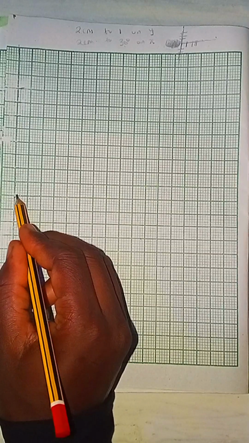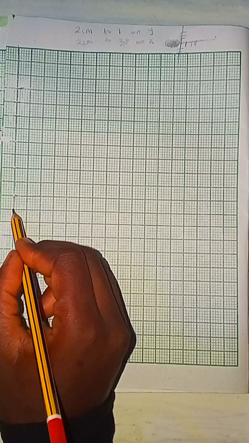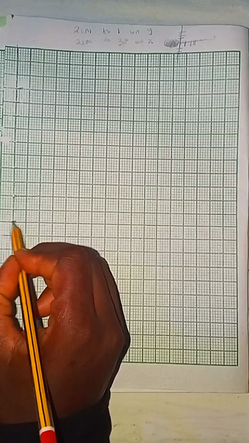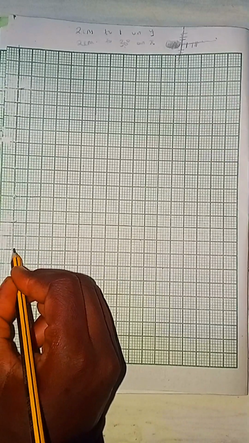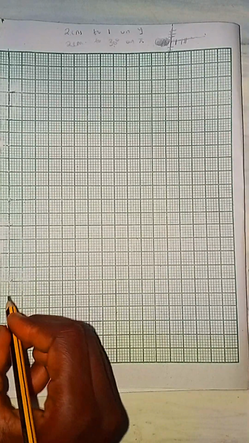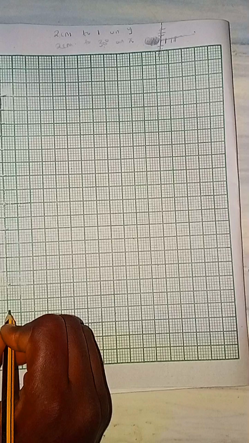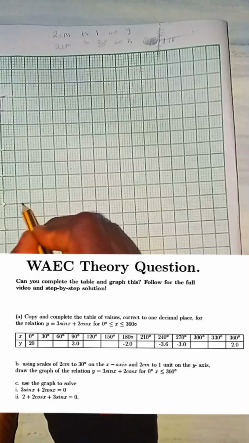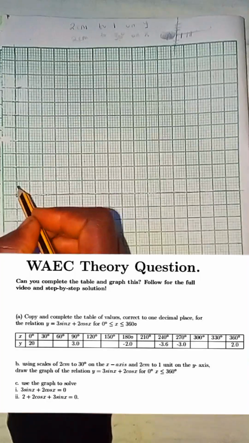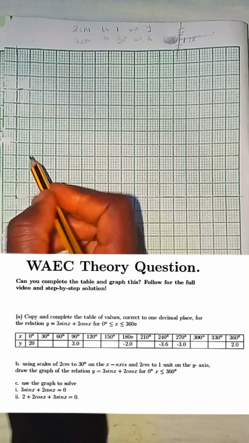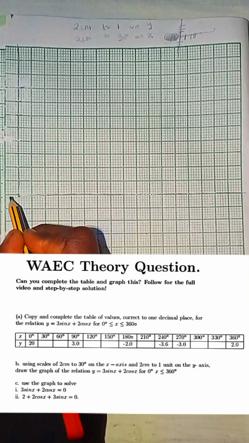So again, going down, here is 0, jump one thick line, here is -1, -2, -3, -4. Divide here. The highest positive y is between 3 and 4. It's not up to 4, but it's between 3 and 4.